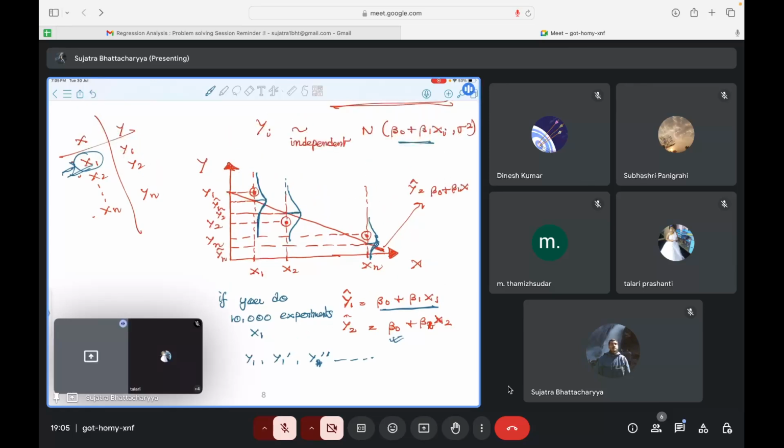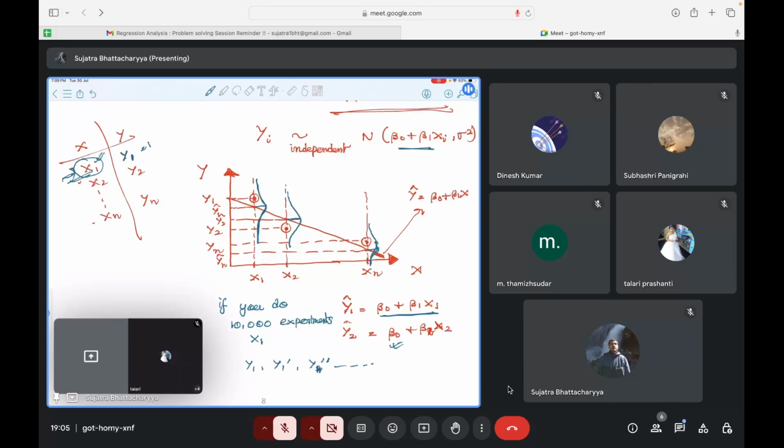What I mean to say is that if you have x1 constant and do 10,000 experiments, you will not get y1 every time. You will get some y1 plus delta y. So suppose y1 is 1 here. Sometimes you will get 0.99, sometimes 1.01, sometimes 1, sometimes 1.02, 0.98, like that.